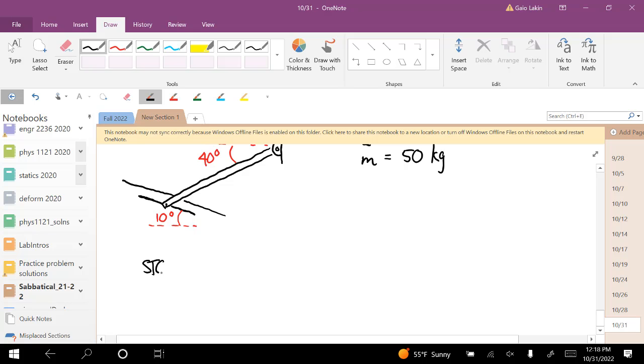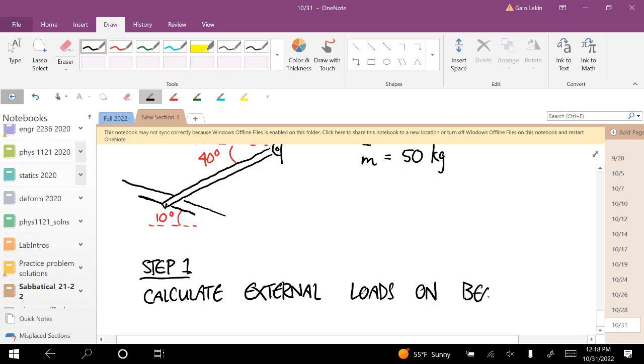Okay, so step one, calculate the external loads on the beam in the original coordinate system.